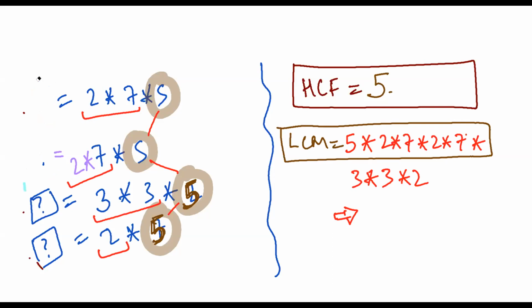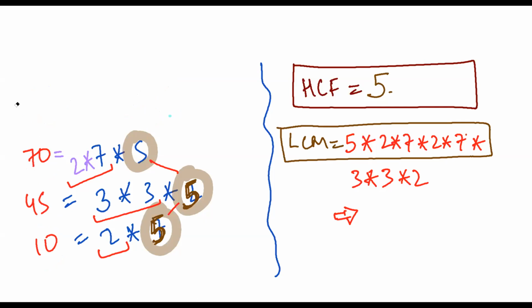what is this number? So let me write the number. This is actually same as the 35. This is actually 70. This is 45, and this is 10. So let me forget about this number because it is being repeated.